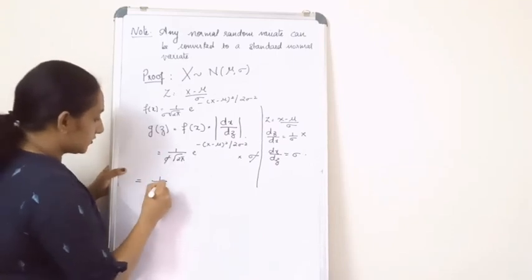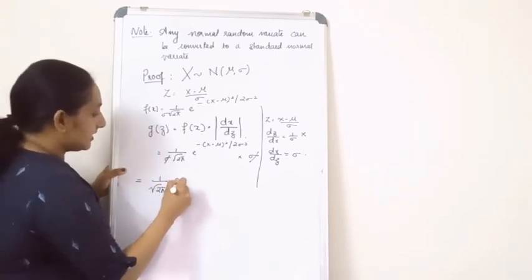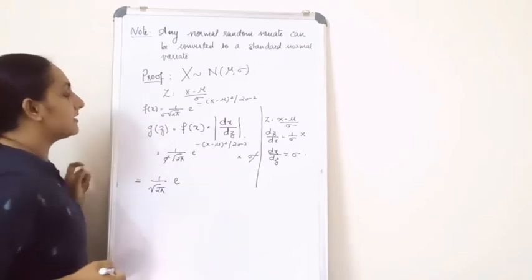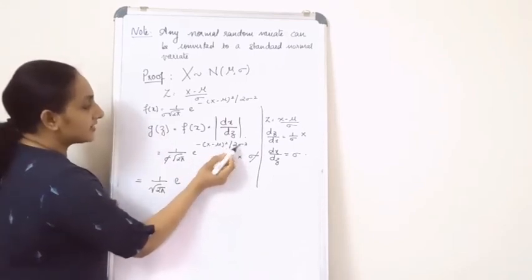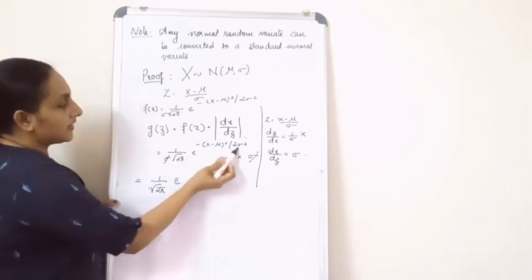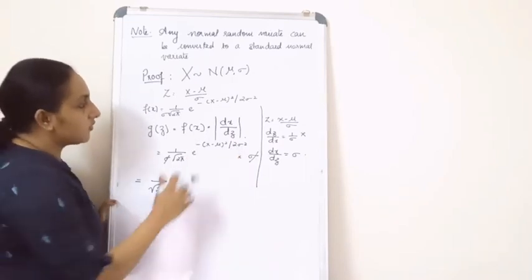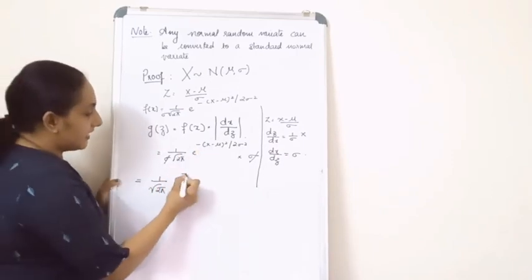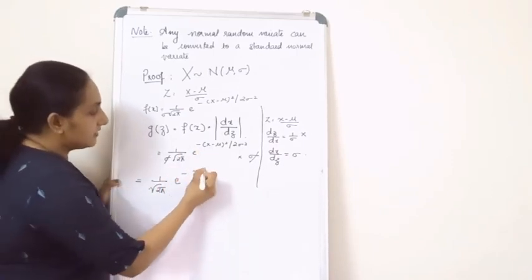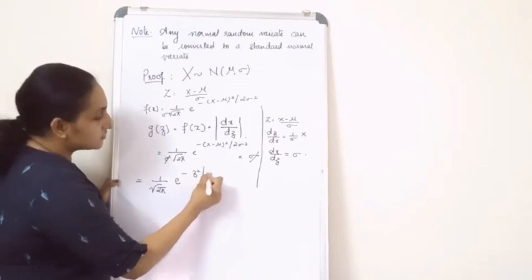1 by root 2 pi e raised to minus x minus mu divided by sigma the whole square, and there is a 2 in the denominator also. What is x minus mu by sigma? It is z. So instead of that, I can write z square divided by 2.